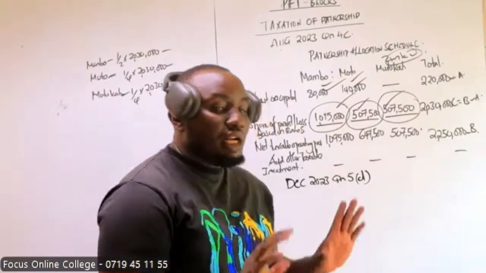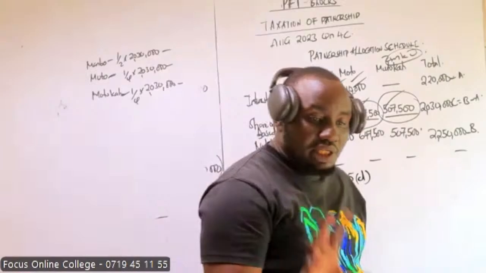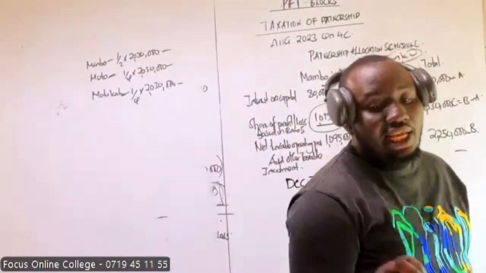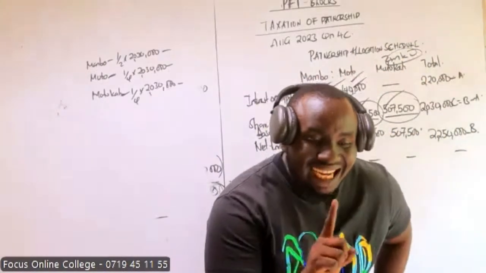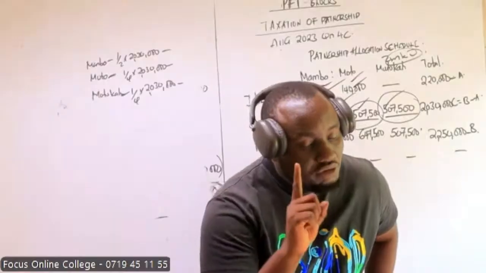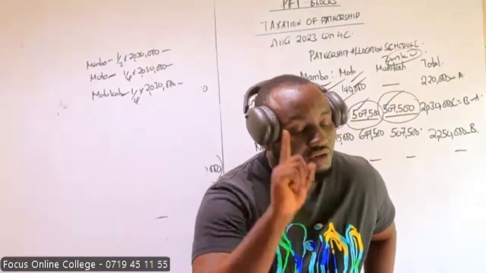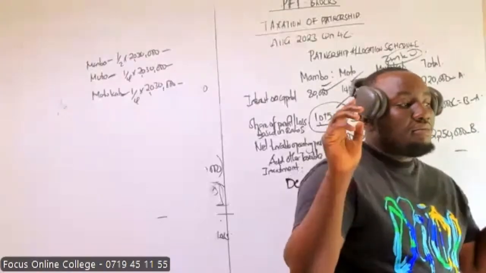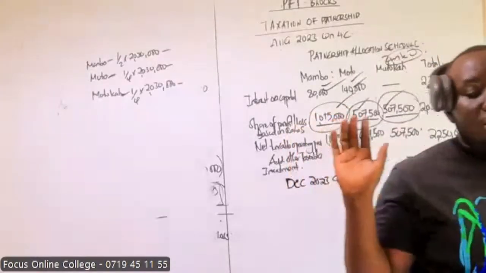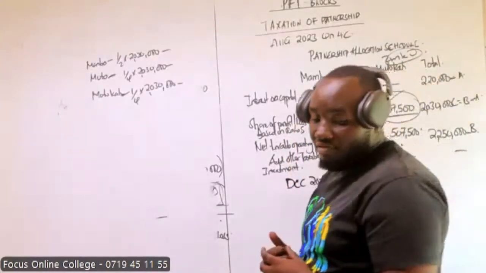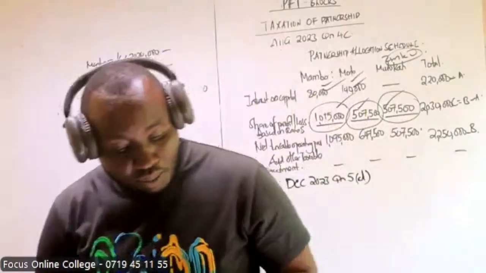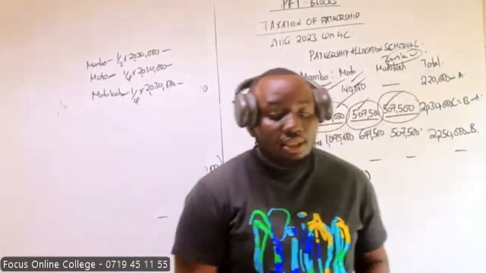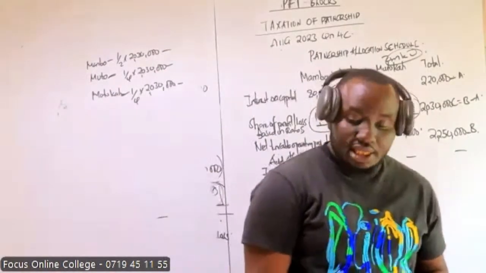But on relocation, most of the expenses are incurred on capital in nature. So when you're told cost of relocating, we will always treat it as non-allowable expense. Betty, I hope I've answered you. Respond with a yes if you're together. Thank you so much. Then we have the next.